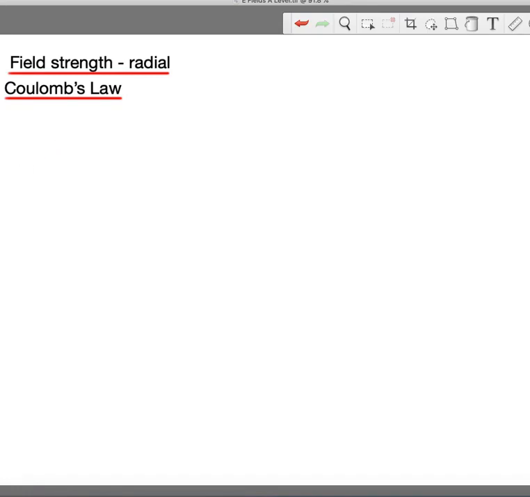So Coulomb's law is very similar in structure to Newton's universal law of gravitation.